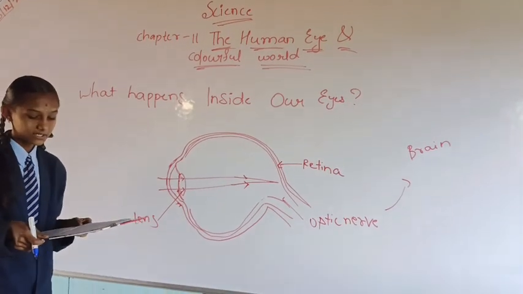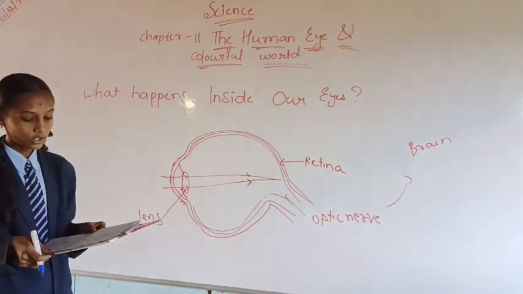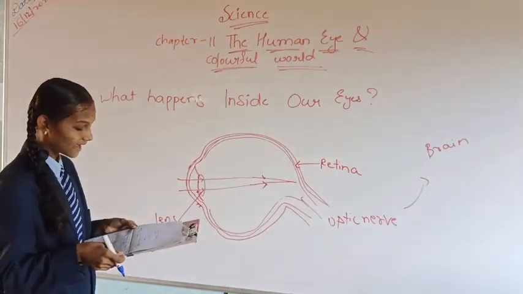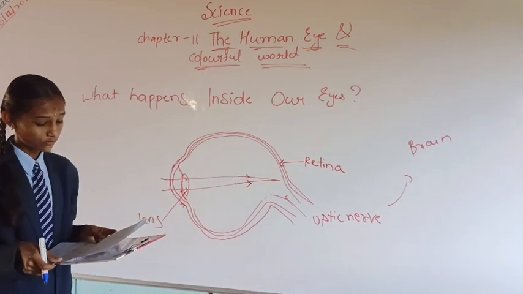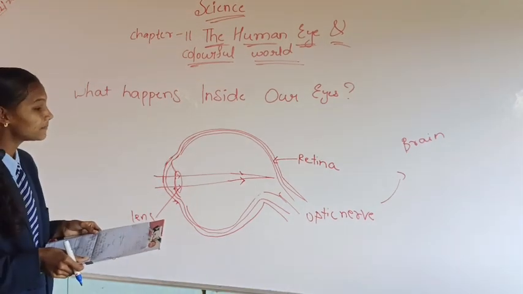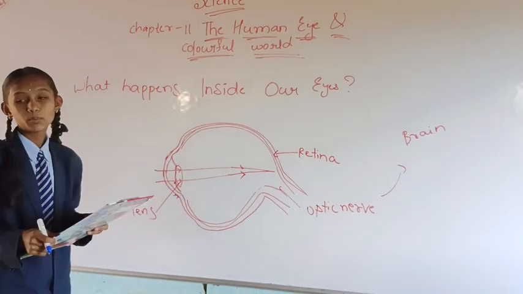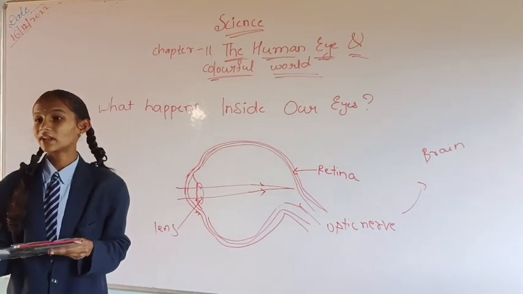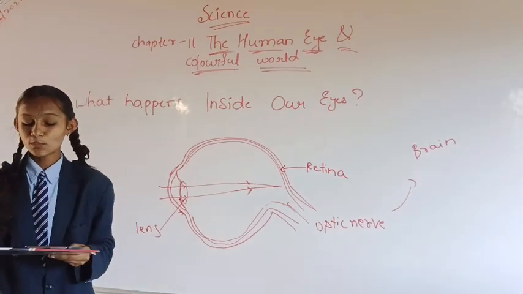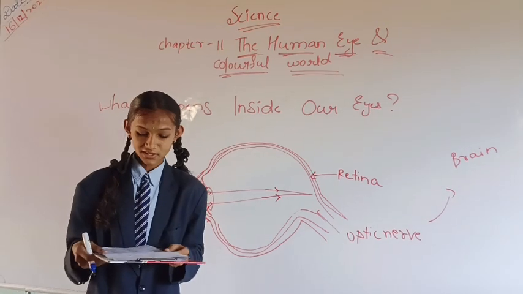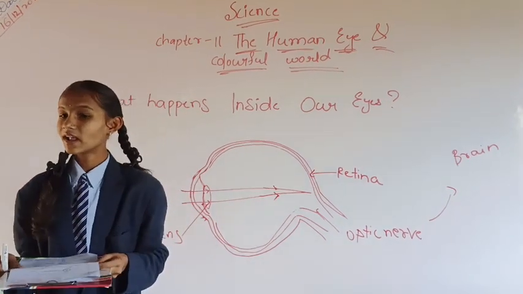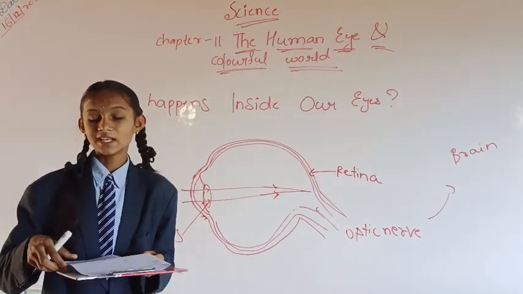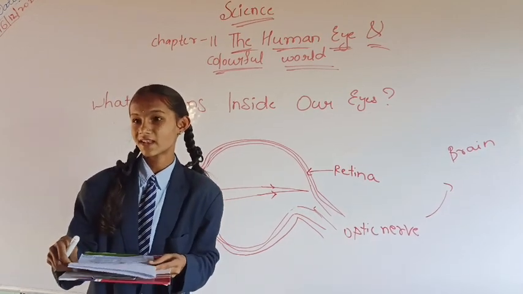This prevents damage to the eye by stopping too much light from entering, and maximizes the amount of light when it is dark. If the pupil were not there, our eyes could be damaged.